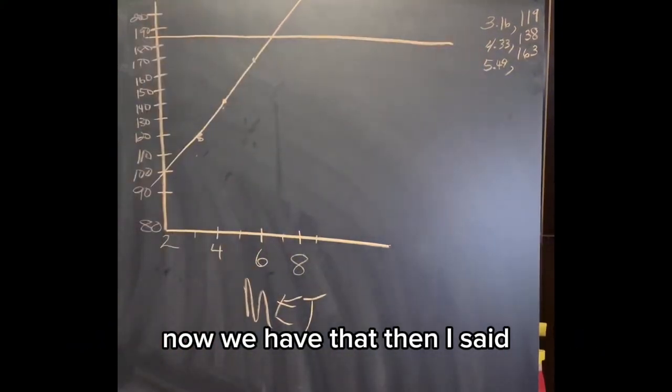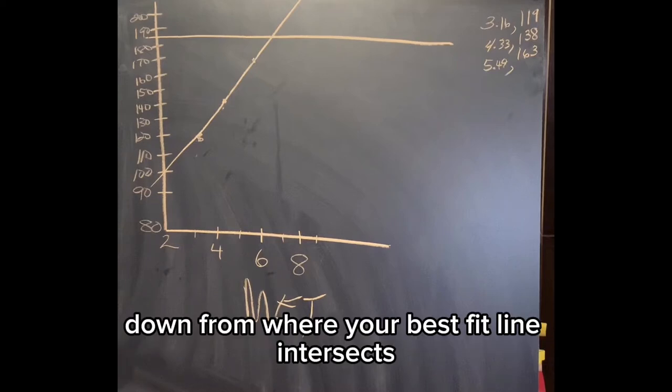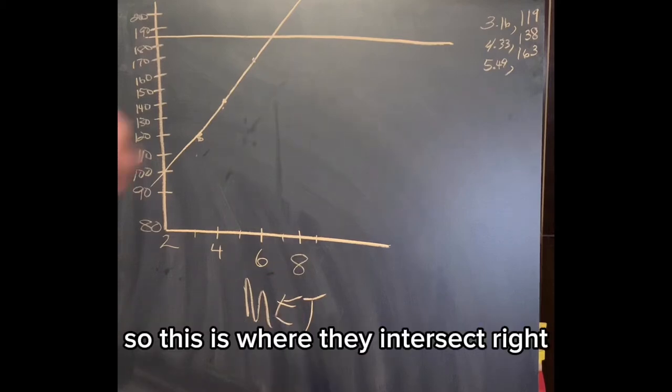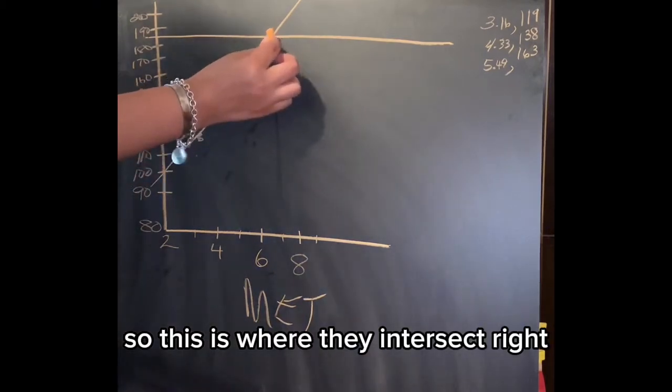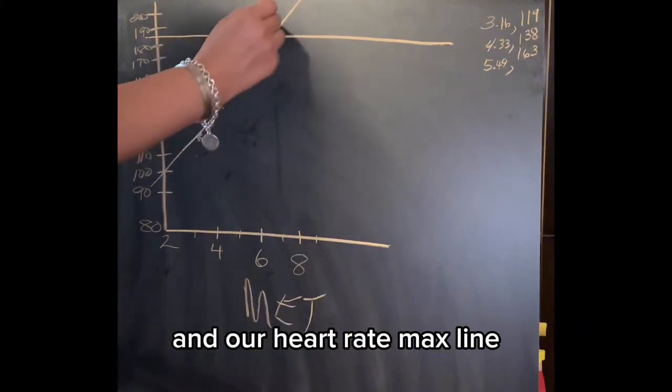Then I said, next, draw a vertical line down from where your best fit line intersects your heart rate max line, all the way down to the x-axis. This is where they intersect right here.